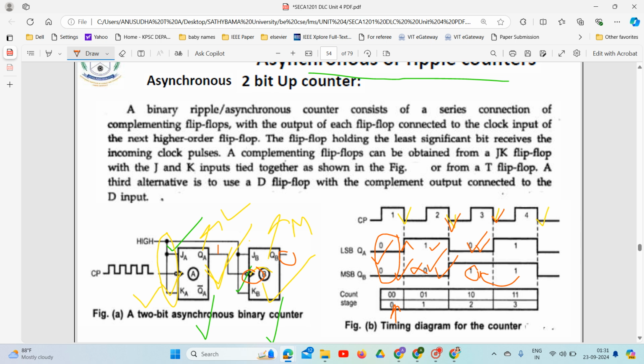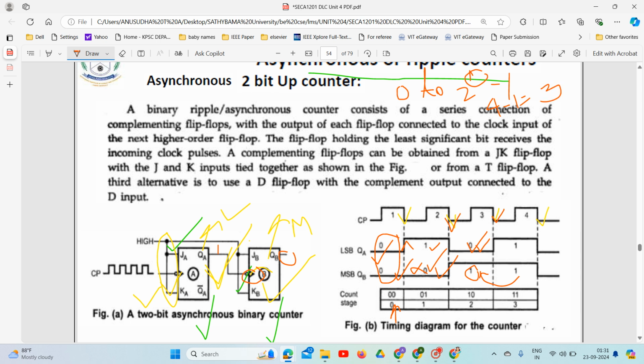So an up counter counts from the initial value 0 to 2 to the power of n minus 1. Here n is the number of flip-flops. Here the number of flip-flops is 2. 2 to the power of 2 is 4, and 4 minus 1 is equal to 3. It counts from 0 to 3.